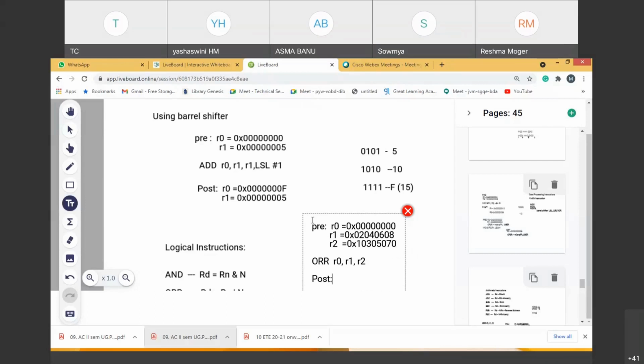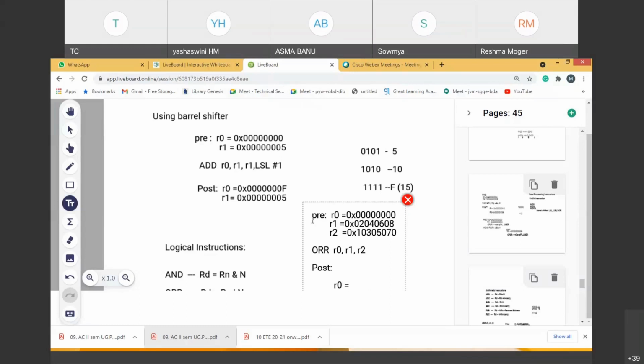Now post operation, after the operation, what will be the contents of R0? R0, you tell me. It is simple addition only. The only difference is when 1 comes, we should not write it as 10. We should write it as 0. Correct? When 1 comes, we should not write it as 10. It should be 0. That's it. Simple operation.